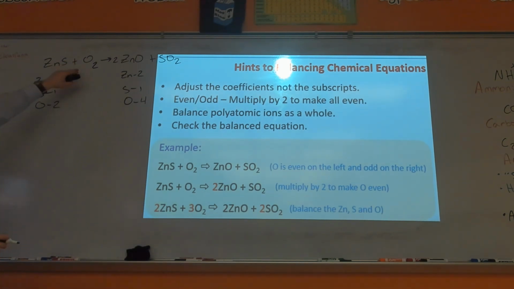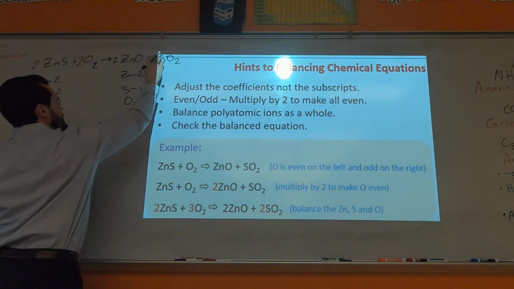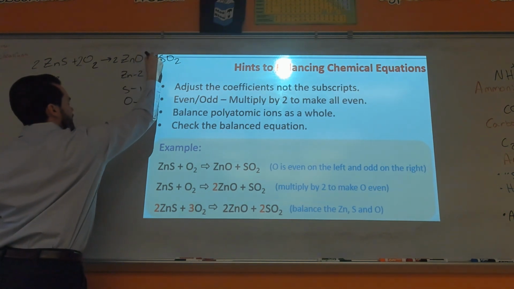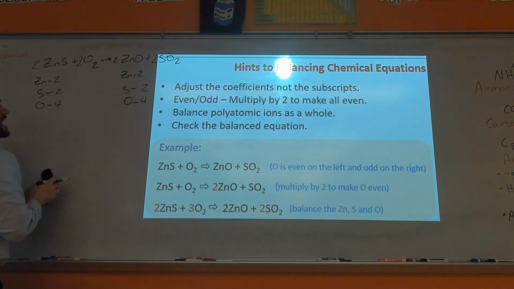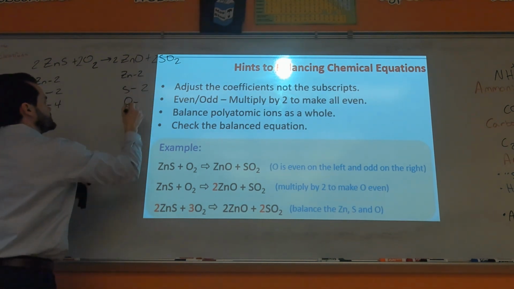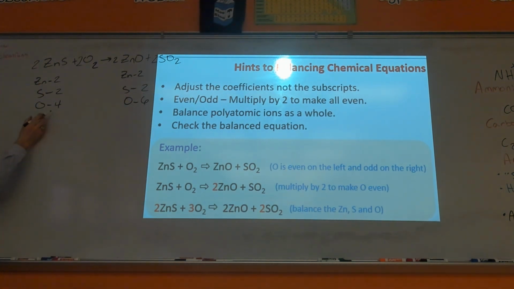And then I can come over here and multiply my oxygen by 2, and then we'll be all balanced. Well, actually, no, because we get 2 zincs. So then we have to multiply zinc by 2. Then I have to deal with my sulfur, so you multiply that by 2, which gives me 2 sulfurs, and now I have 6 oxygens.